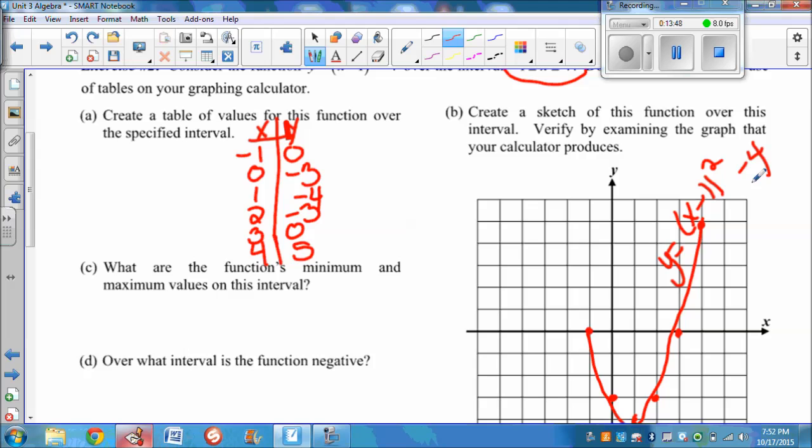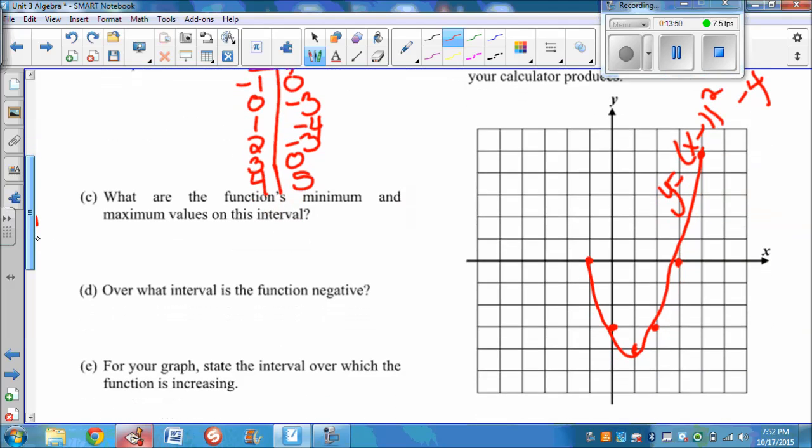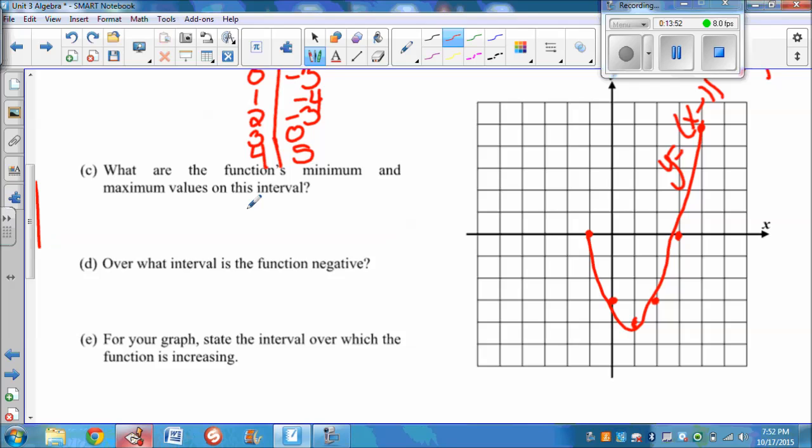Now we're going to ask some questions about this. What are the function's minimum and maximum values? We're going to talk absolute max and absolute min. They didn't specify that they wanted the relative max and relative min, so when they don't specify, go with the absolute.